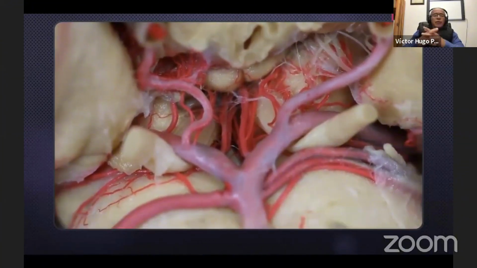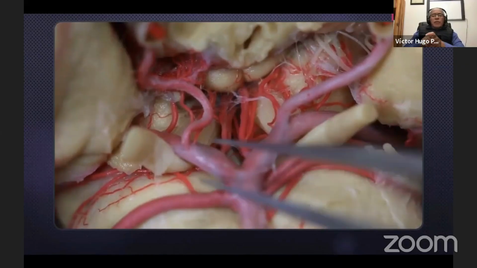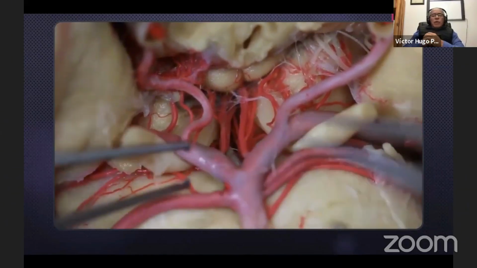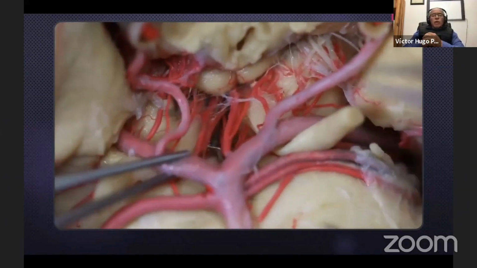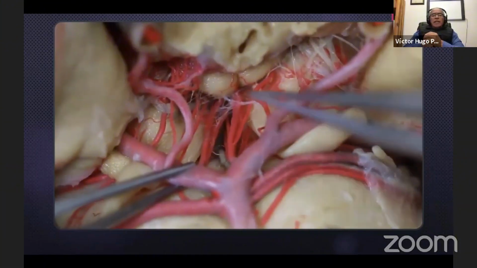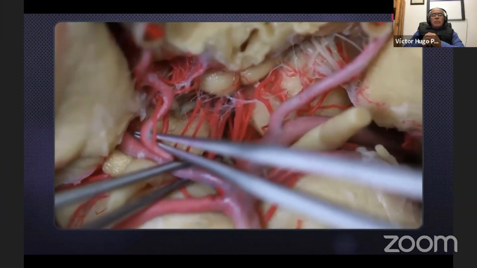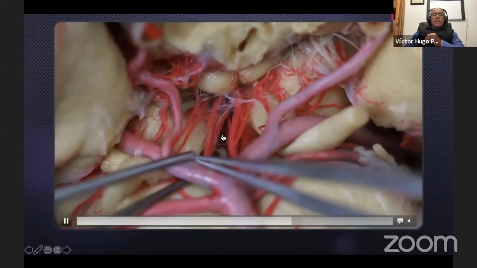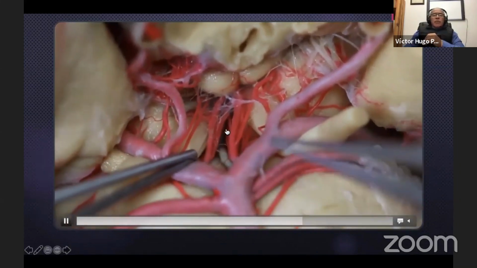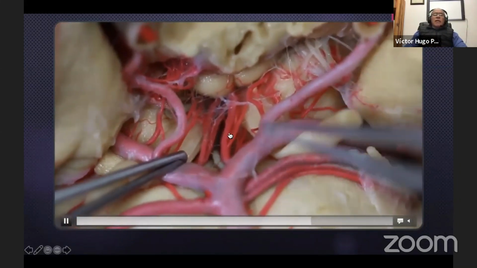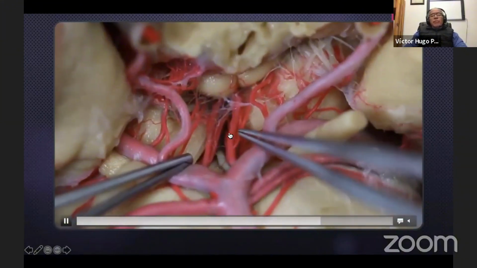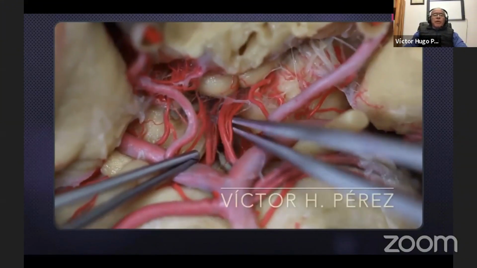So this video is very useful to know the critical anatomy in this part of the brain. As you know, these branches are very important because they are irrigating the brain stem.